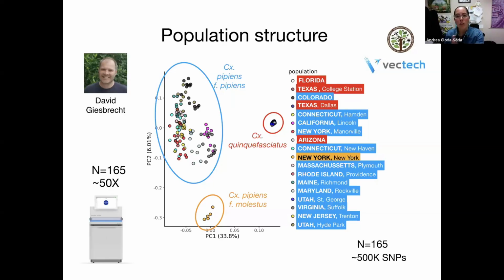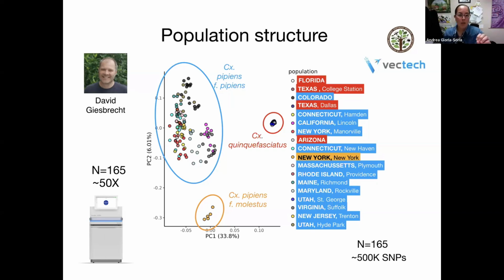On the right, we have Culex quinquefasciatus highlighted in red. On the left, we have Culex pipiens, with Culex pipiens in a blue circle and Culex pipiens molestus in the orange circle. And we do see a separation in the second principal component between pipiens and pipiens molestus.